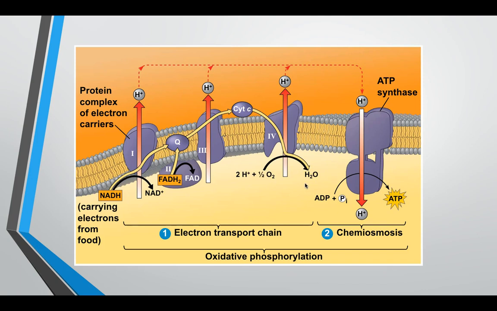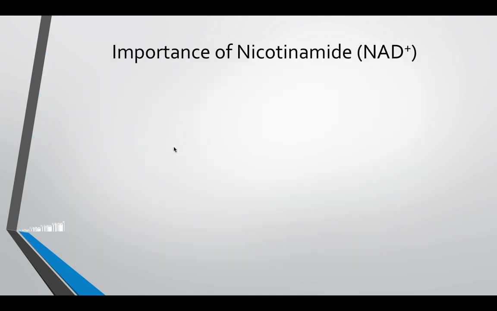So they ultimately are accepted by the oxygen. Every time an electron passes from one protein to the other one, there's a redox reaction going on. Something's being reduced, something's being oxidized, something's being reduced, something's being oxidized, all the way down. And that is an overview of cellular respiration.